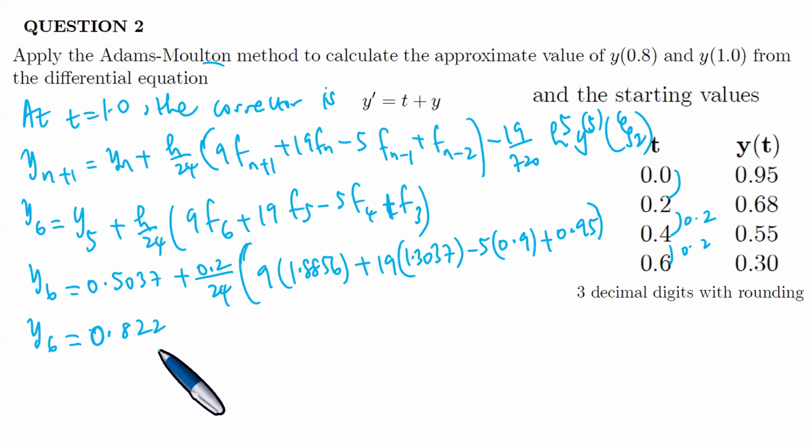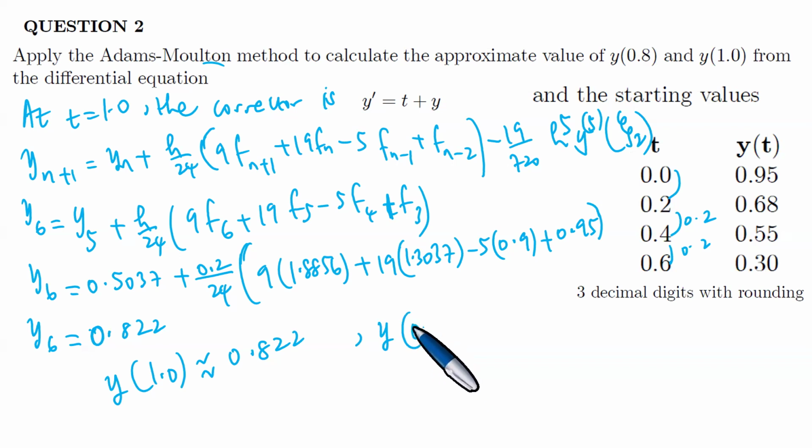Right, so at this point, it allows us to say the y of this is approximately 0.822. Why at 0.8? Because we're supposed to find the approximate value at 0.8 and 1.0. The 1.0 is 0.822.